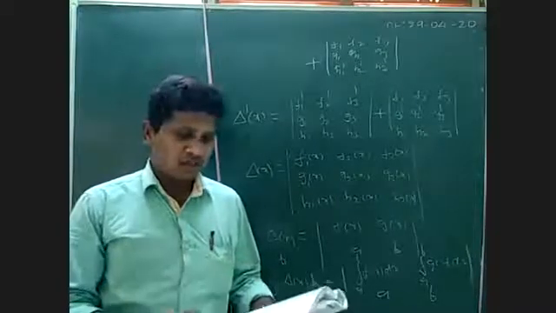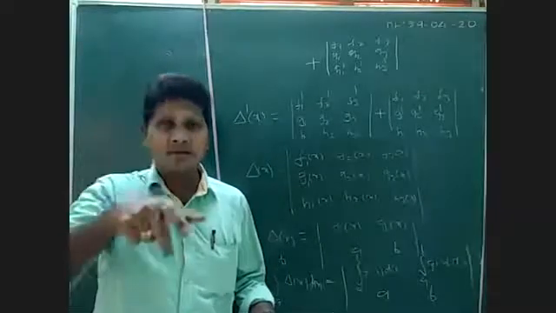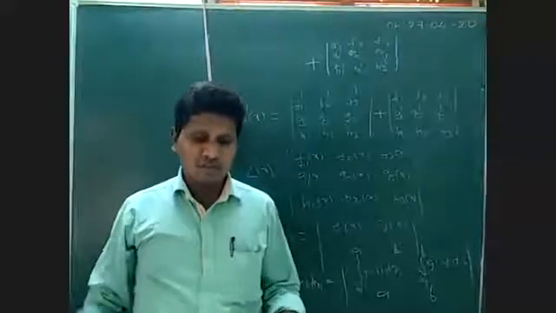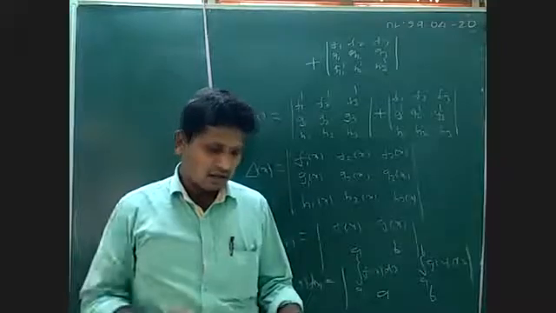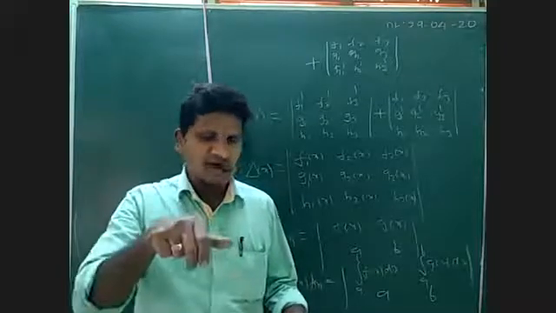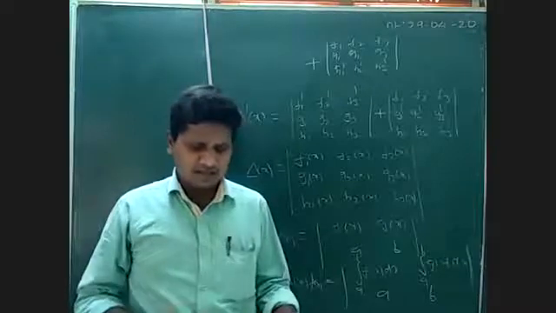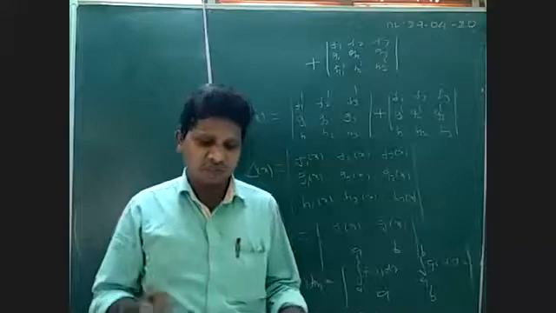In some questions they give an AP, and determinants are related to trigonometric functions. In some questions determinants are related to polynomials. In some questions determinants are related to sums of odd numbers. Like that we need to find the determinant, but the way of asking the question is different.